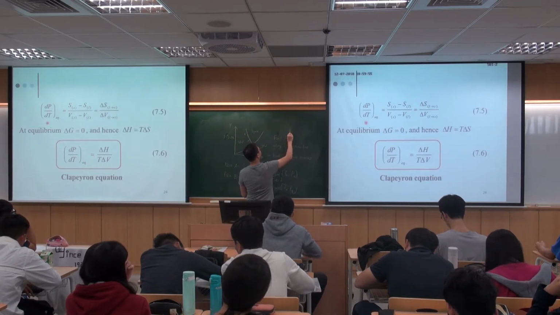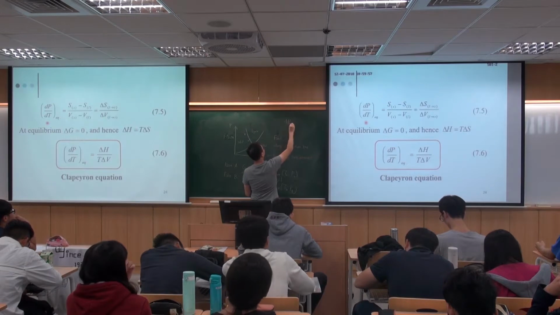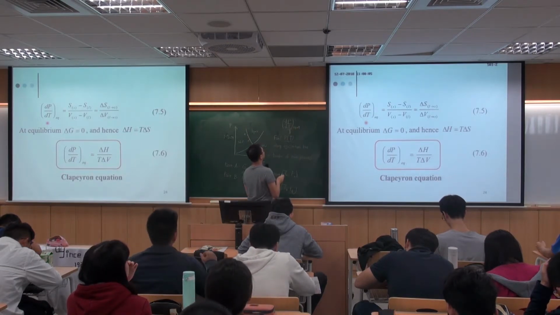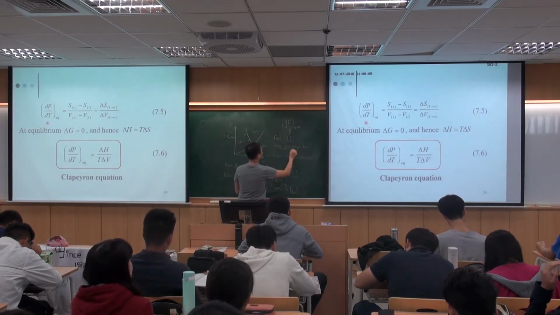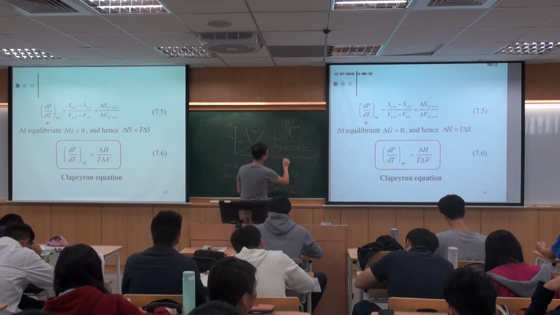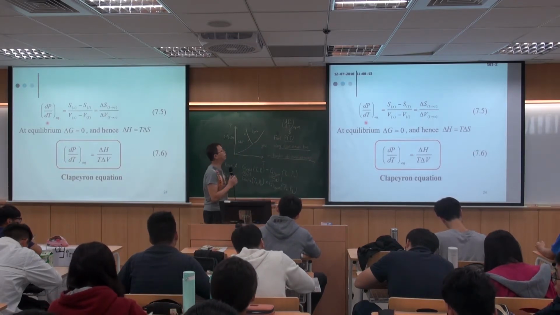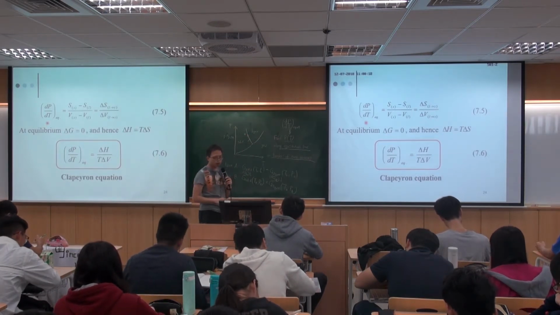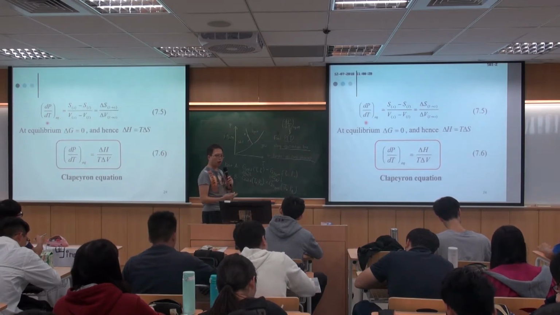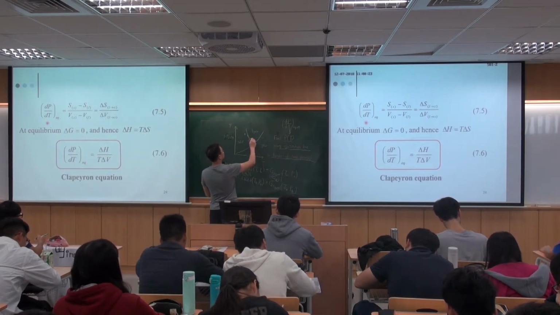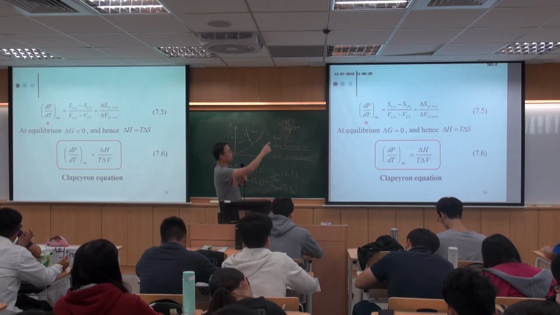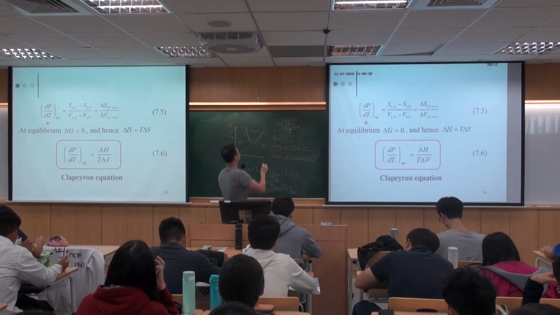So we can start from dP over dT, let's say at the equilibrium, along this equilibrium line, or you can say along this border of two phases. And through the knowledge from chapter 5, we derive that dP/dT is actually related to the change of entropy over the change of molar volume.